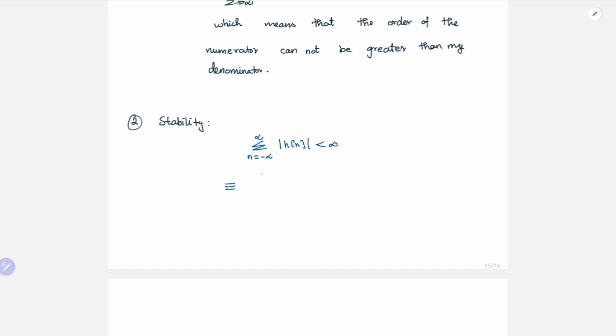This is equivalent to mod X of z evaluated at 1 being less than infinity, correct? X of z at z equal to 1 is nothing but the summation of h of n. So mod of this is less than mod of this, because of the absolute summation property. So this is also going to be less than infinity.